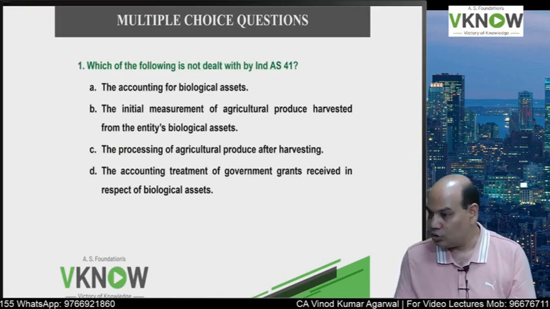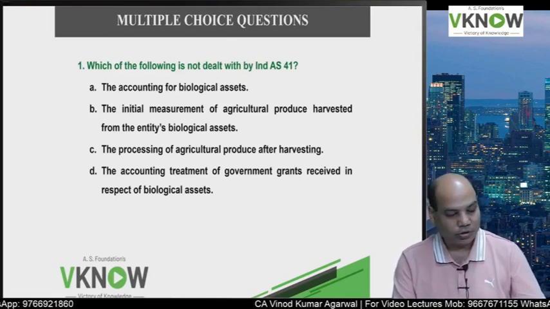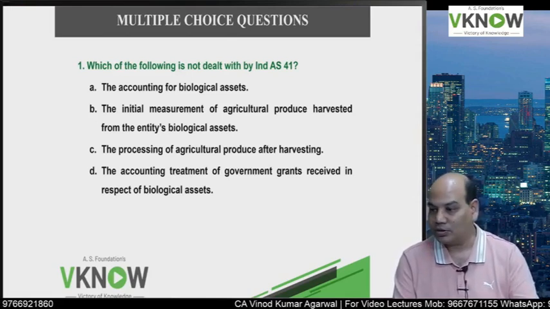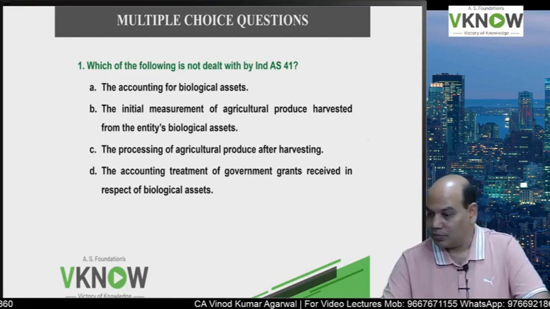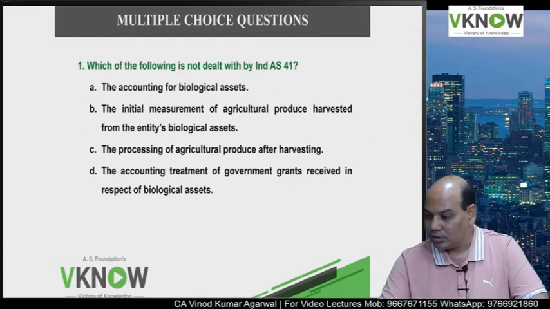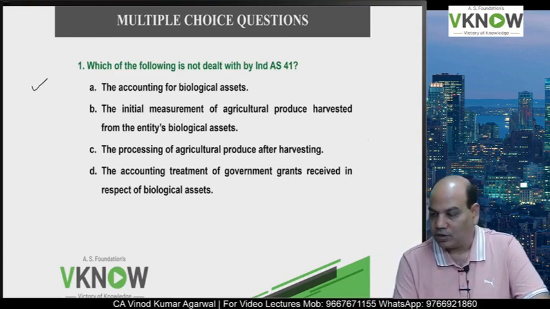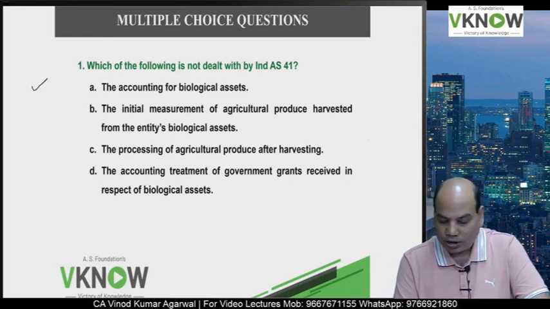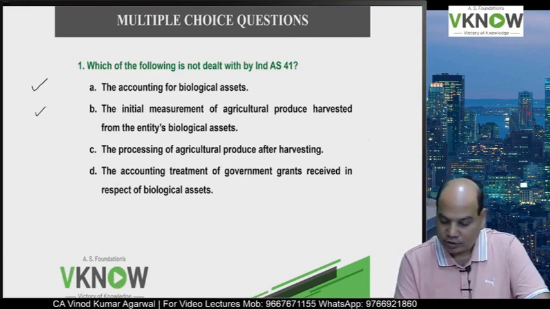Which of the following is not dealt with by Ind AS 41? Come on, which is the correct option? The accounting for biological asset, is it covered by Ind AS 41? You will say yes. Initial measurement of agricultural produce harvested from entity's biological asset, yes, covered.